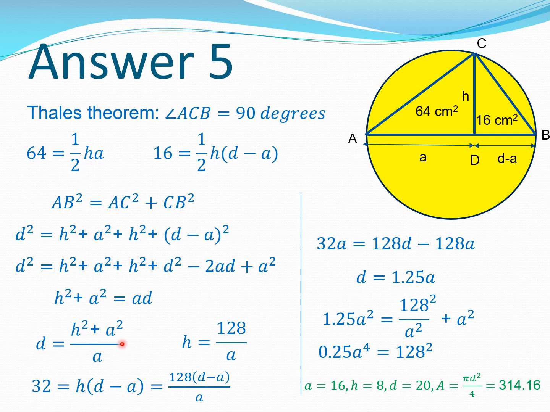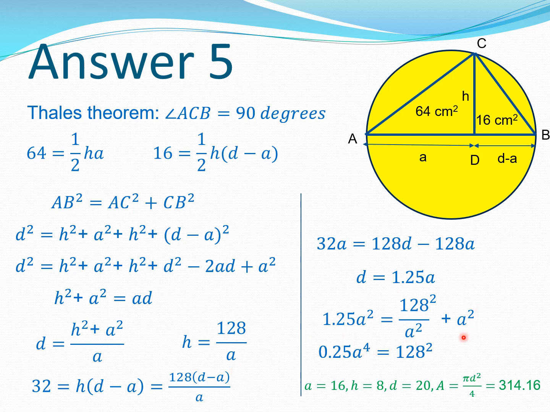Now what I can do is take this equation and substitute it in this equation: D is (h square plus a square) by a, because we have not touched this equation yet. So here I can immediately write D is 1.25a. I bring this a from the denominator to the left hand side. So I get 1.25a square is h square plus a square. H square I replace by (128 by a) square, and a square.